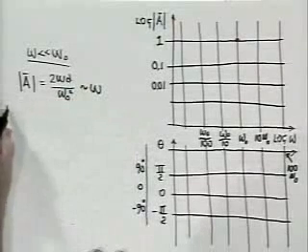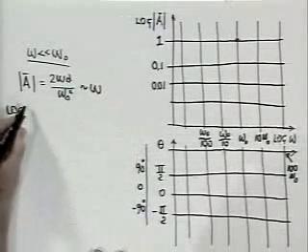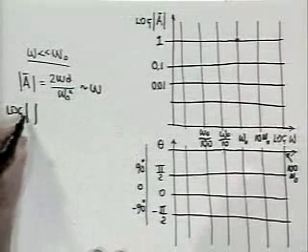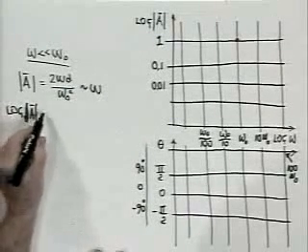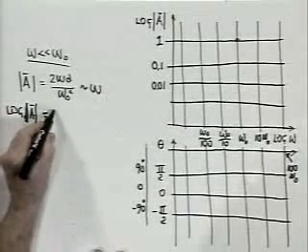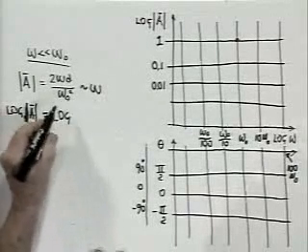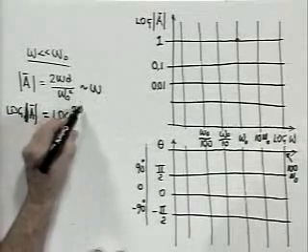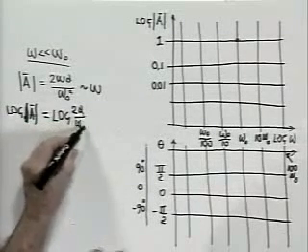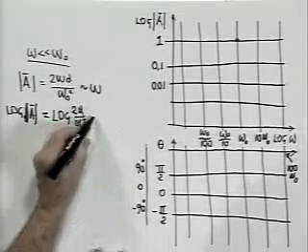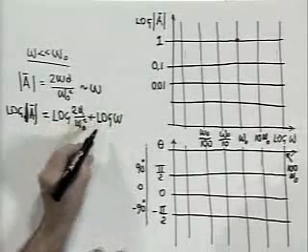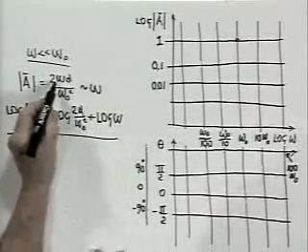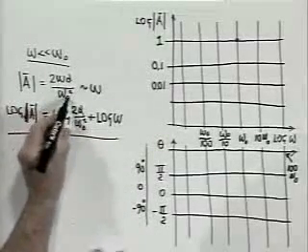So when I take log of the magnitude of A, it is log of 2 alpha over omega naught squared plus log of omega. That is, this is the product. It's omega times 2 alpha over omega naught squared.